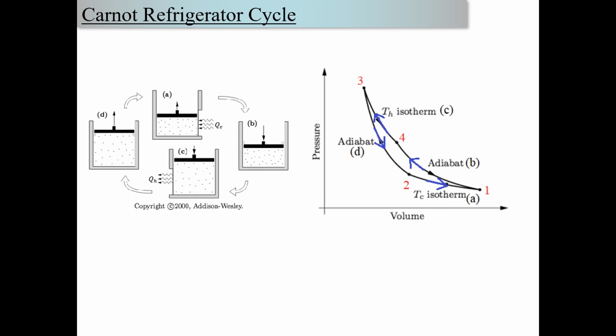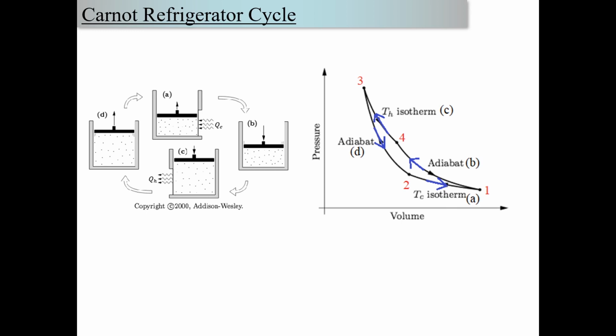And now we are back at our cool temperature associated with the temperature of the cold reservoir, and we're ready to start cycle A again, where we then isothermally expand the gas and remove heat from the cold reservoir, further cooling the cold reservoir.